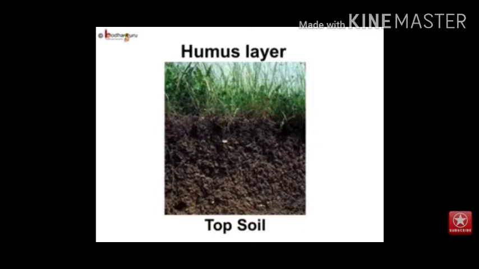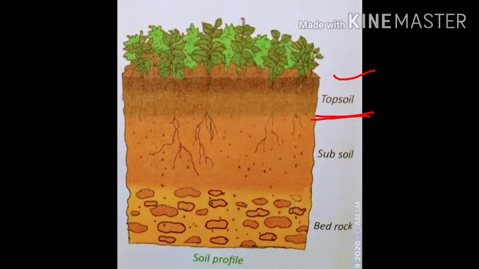Why? Because it is nutritious and this is important for the growth of plants. Roots of many grasses and plants are found in this topsoil layer. It is home to various animals like earthworms, insects, etc. Carefully observe the second layer of soil profile, that is subsoil.